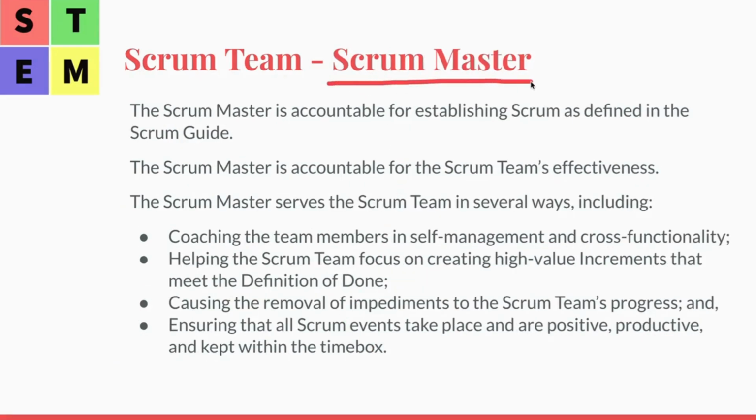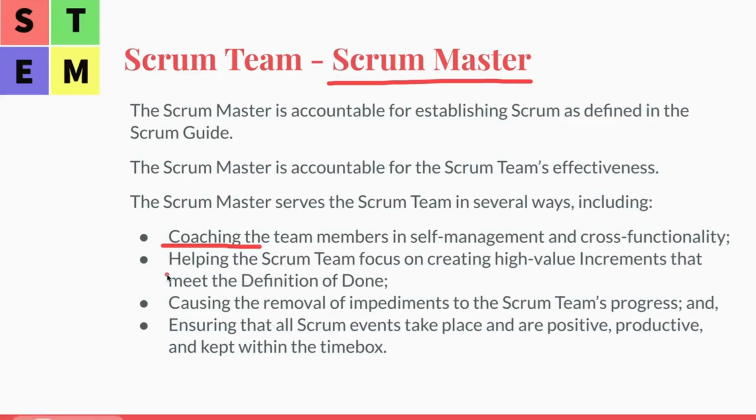Now the Scrum Master. The Scrum Master is accountable for establishing Scrum as defined in the Scrum Guide. The Scrum Master is accountable for the Scrum team's effectiveness, and serves the Scrum team in several ways. Coaching is the most important job of the Scrum Master: coaching the team members in self-management and cross-functionality, and helping the Scrum team focus on creating high-value increments that meet the definition of done.